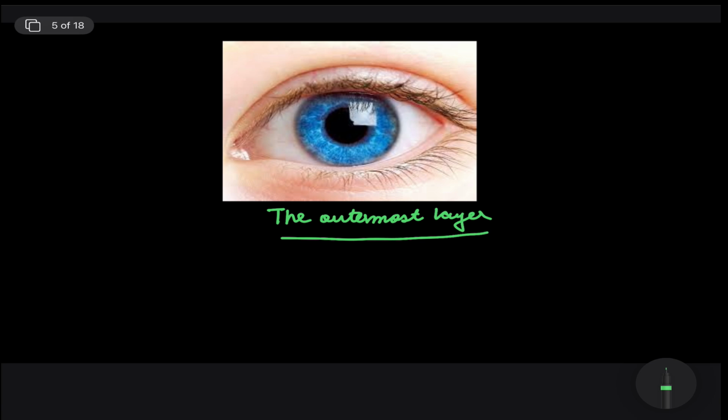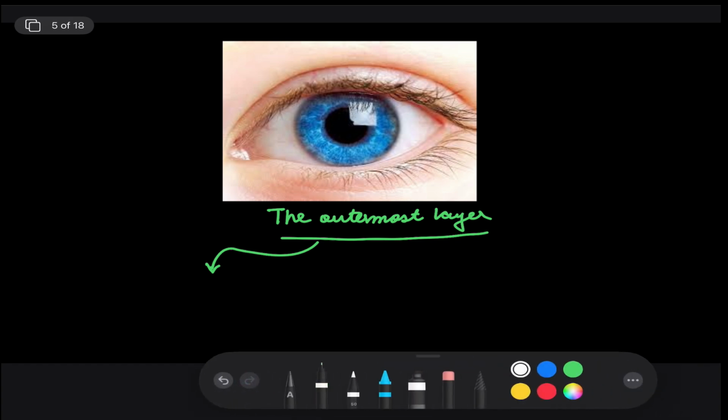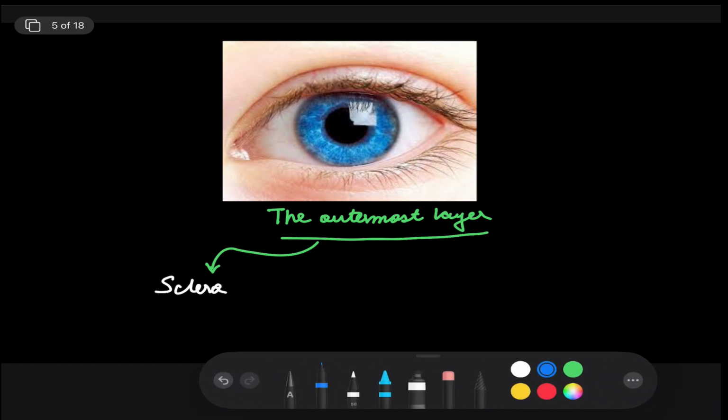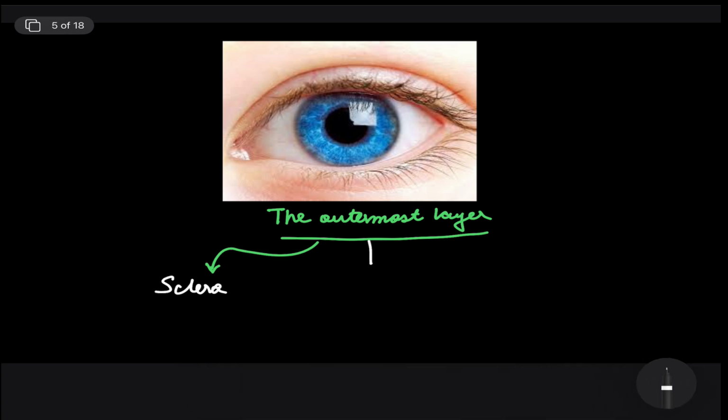The outermost layer itself is a continuous layer all around the eye and is divided into 3 parts. First, the sclera. Let me first name them for you, then I'll explain to you what these are. Second, cornea.